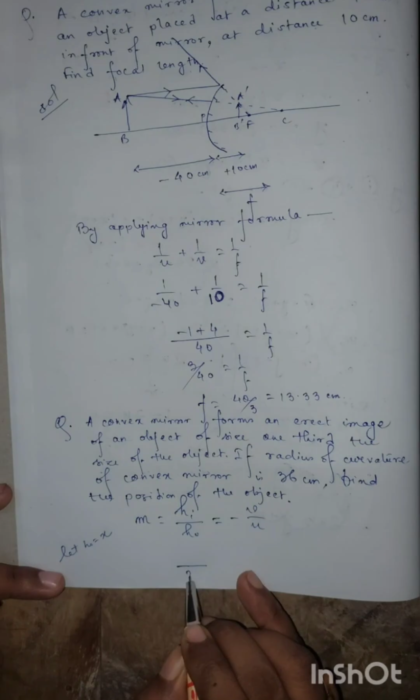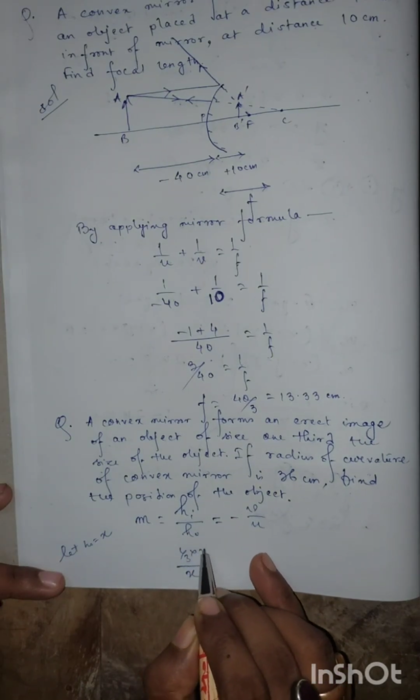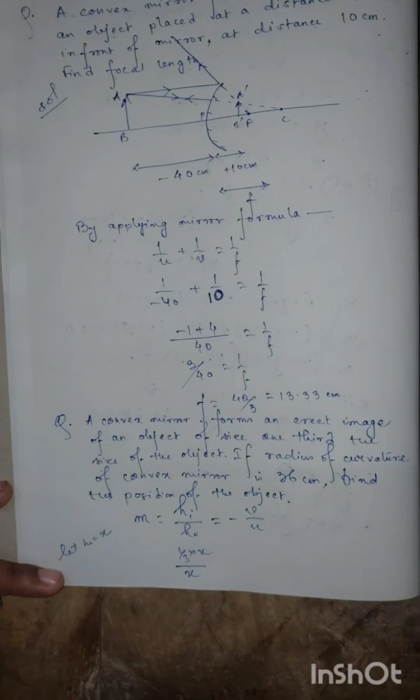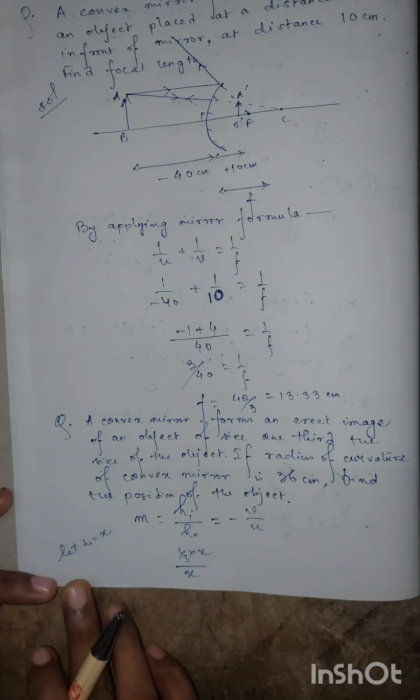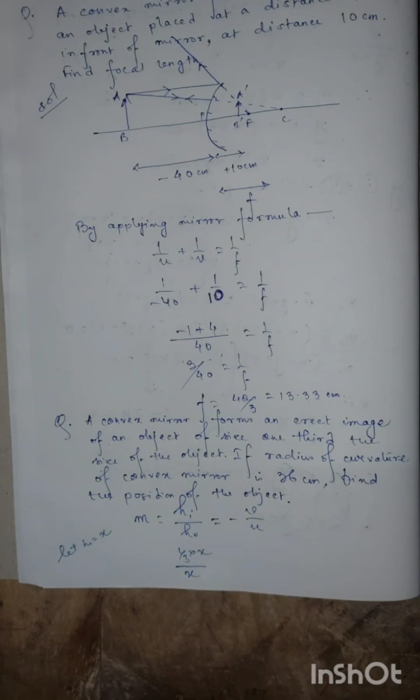So height of image is one third of x. Object and image both are above the principal axis, so they are positive.